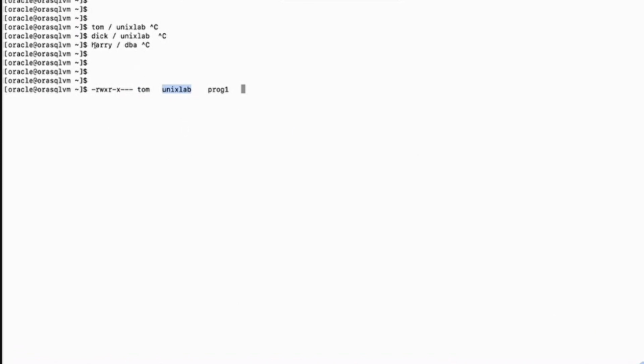So what do these permissions mean and to whom? I said one who is neither Tom, nor belongs to the unixlab group will have no read, no write, no execute permissions. Neither can that person see the text from the file, nor modify the contents of the file, nor execute that file.